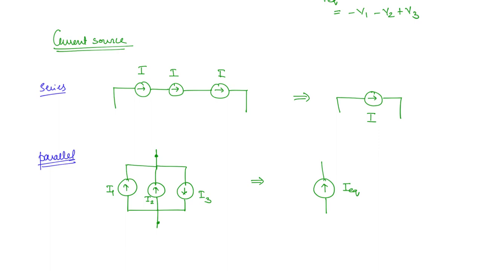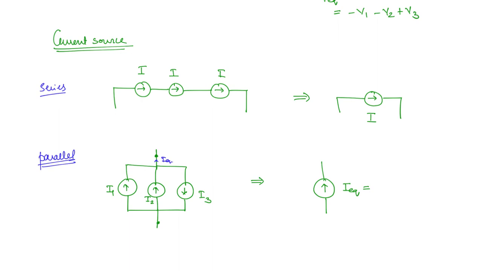The arrow is in the upward direction, and you need I equivalent here. If you apply KCL, you get the expression for I equivalent: whatever is in the upward direction you take as positive, whatever is in the opposite direction you take as negative.